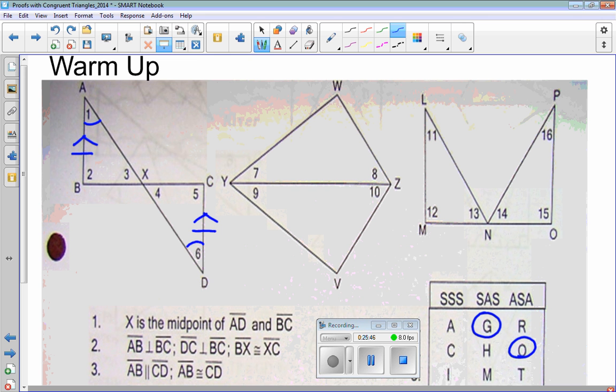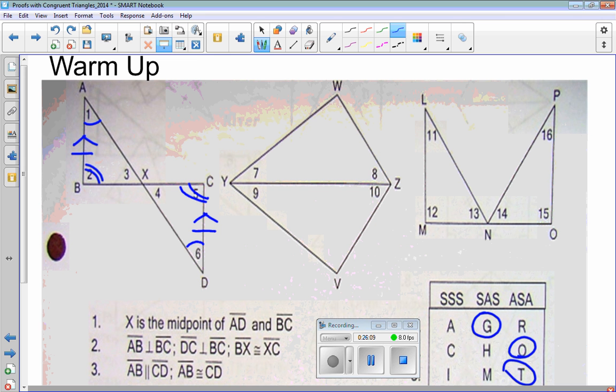Well, I could go 3 and 4, but let's not use that yet. Same reason. Is there another pair of alternate interior angles? 2 and 5. I agree. So what would that be? Angle, side, angle. Good so far. Again, another way to prove triangles congruent using different information.